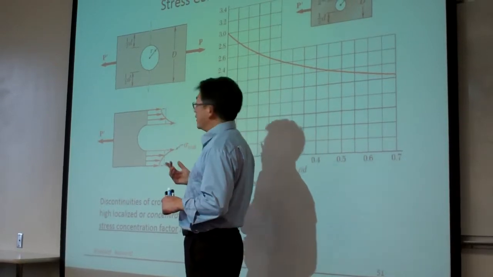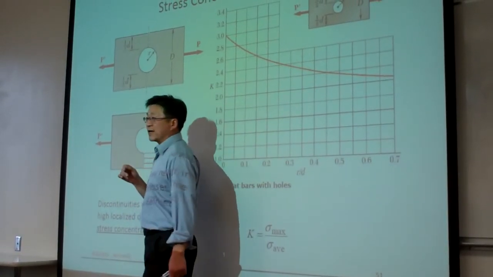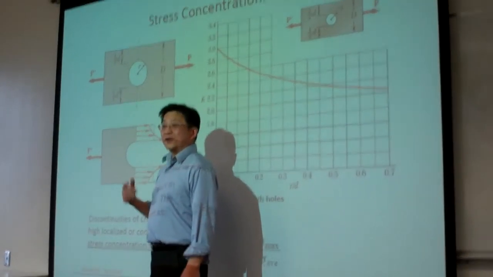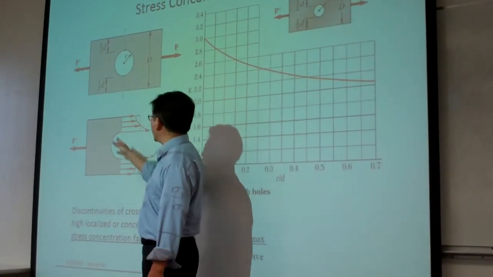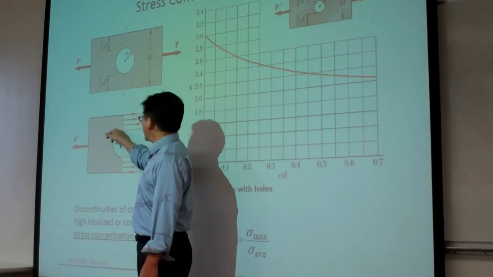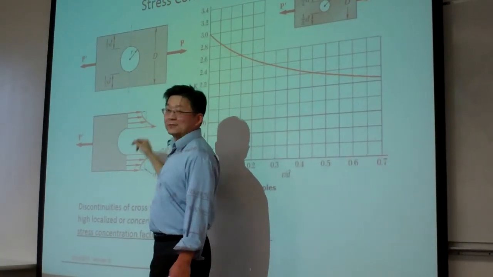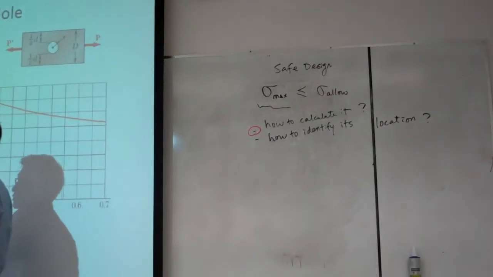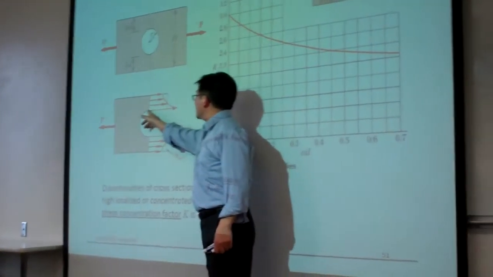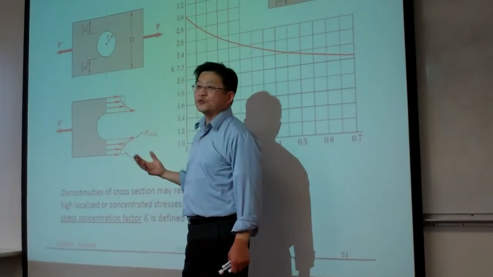So, for example, we pick a cross section. Again, why do we pick this cross section? Because the authors know that on this cross section, we will be able to find the maximum stress. The maximum stress is where the stress is concentrated. How do we know?